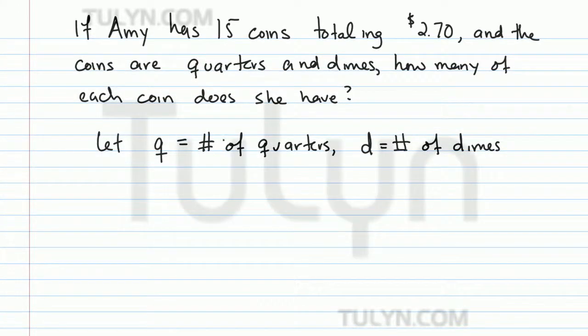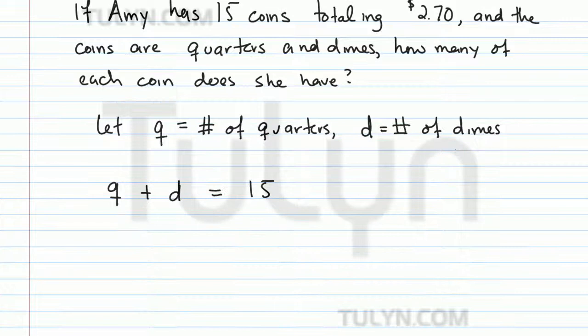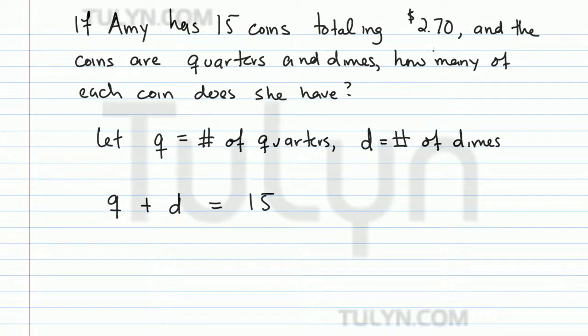So now we use the problem and these variables to create a system of equations. We know that Amy has 15 coins in total. So if we take the number of quarters she has and add it to the number of dimes she has, we should have 15 coins, right? The second piece of information we have is that she has $2.70 total.